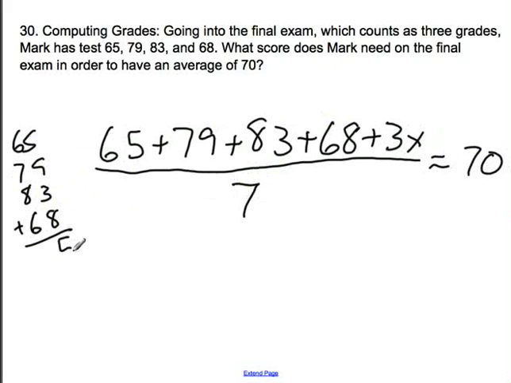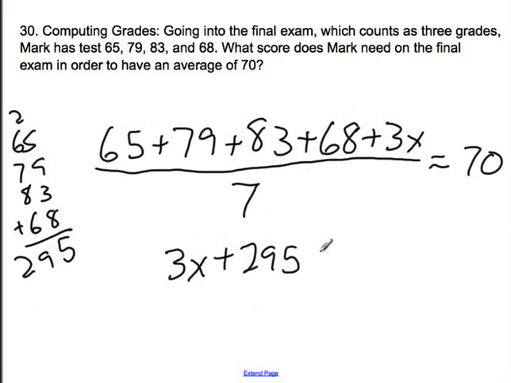So I put 5 here, carry the 2. And then this one, we have 6 and 6, which is 12, and then another 8, which is going to be 20, 27, 29. So this is going to be 295. So when we put that all together, we get 3x plus 295, and we have to divide that by 7. And that is equal to 70.